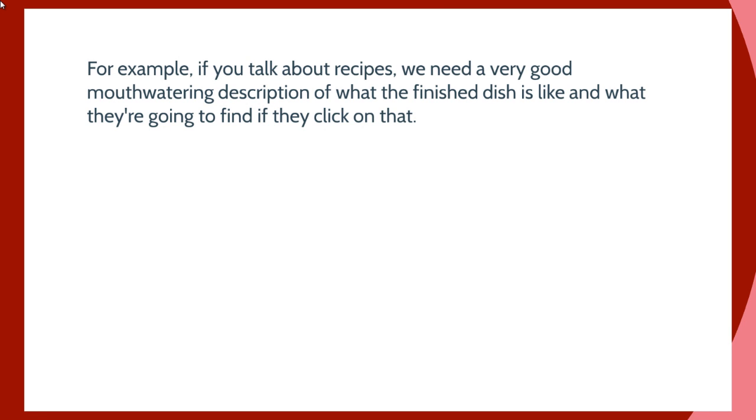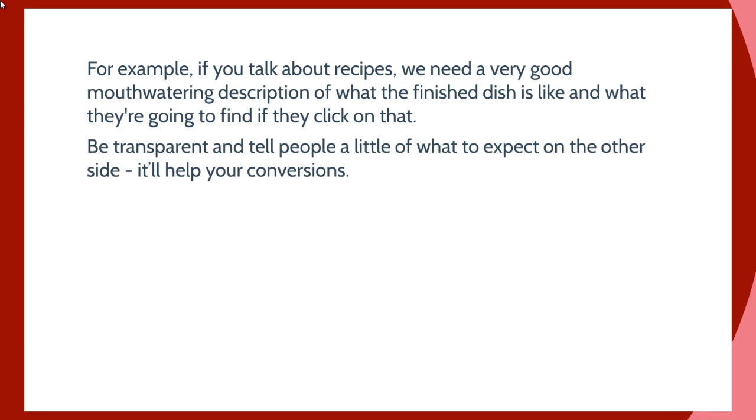So again, if you talk about recipes, it needs to have a very good mouth-watering description of what the finished dish is like and what they're going to expect if they click on it. You always want to be transparent and tell people a little bit of what to expect on the other side. When I mean other side, I mean when they click, they are sent to a piece of content.